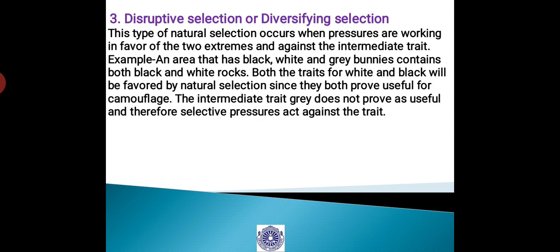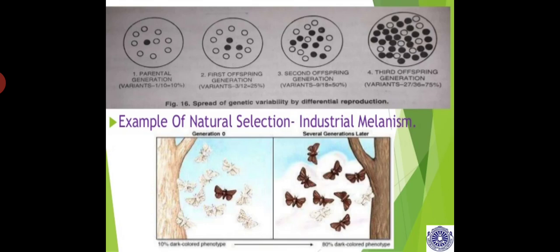And the intermediate trait, grey, does not prove as useful, and therefore selective pressures act against the trait. So this is with reference to disruptive selection, which is also called diversifying selection.